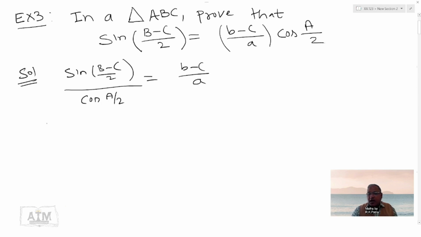Now we'll take RHS and prove LHS. So taking RHS, what is RHS? b minus c upon a. We'll apply the sine rule here.